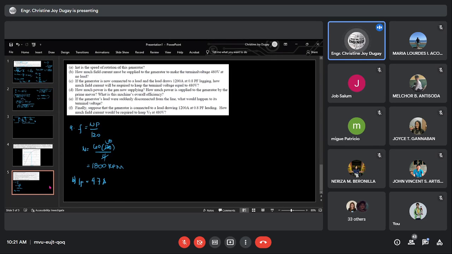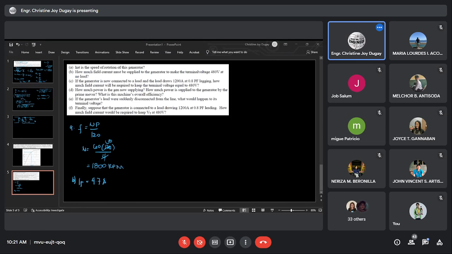Now, if the generator is connected to the load and the load draws 1,200 ampere at power factor 0.8 lagging, how much field current will be required to keep the terminal voltage at 480? How are we going to find the field current for letter C?